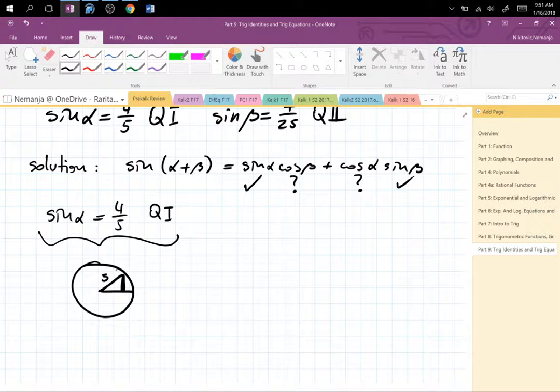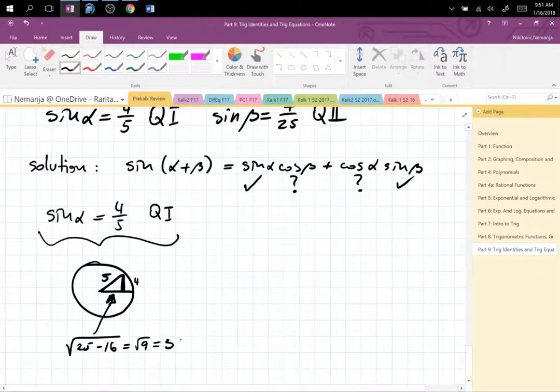But you know that sine is opposite over hypotenuse, so you have a 4 and a 5 on a hypotenuse. So how much is the missing side? The missing side here, using the Pythagorean identity, is the square root of 25 minus 16. 25 minus 16 is 9, and the square root of 9 is 3.